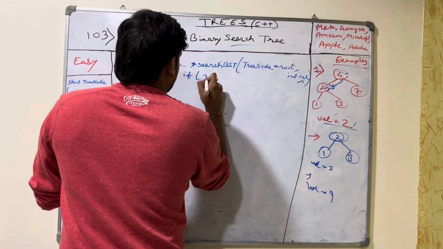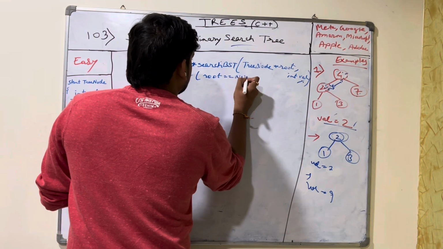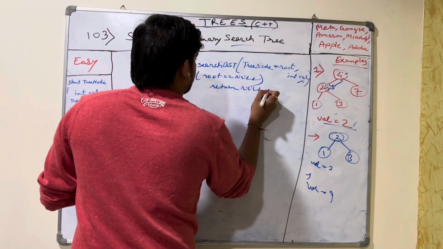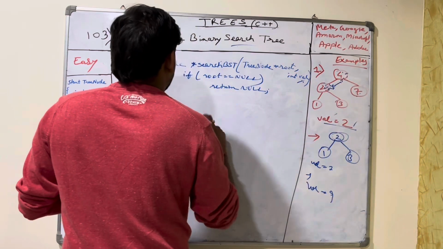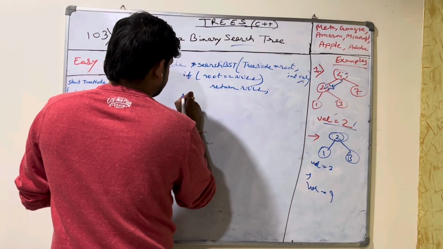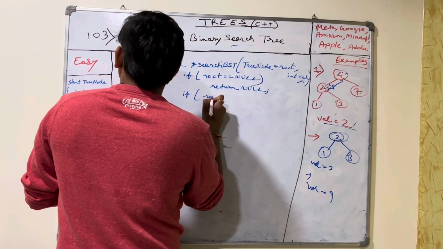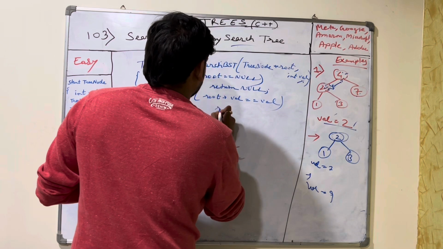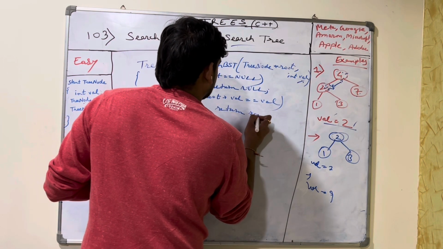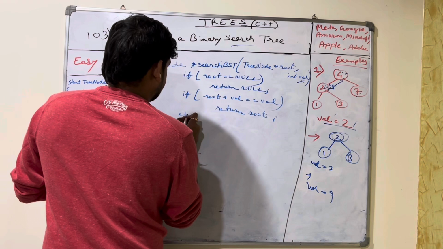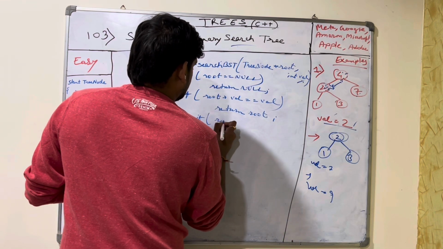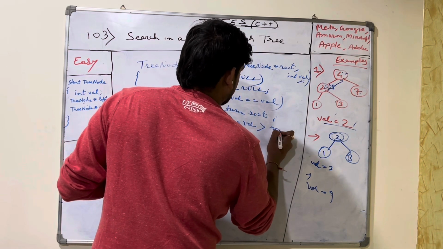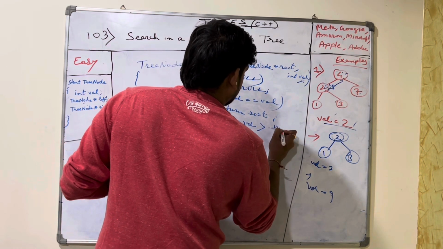So if root equal to null, we return null. Okay, what would be the time complexity? Order of log n, as simple as that. Okay, then if root val equal to val, return root, else if root val is greater than val, then what do we do?